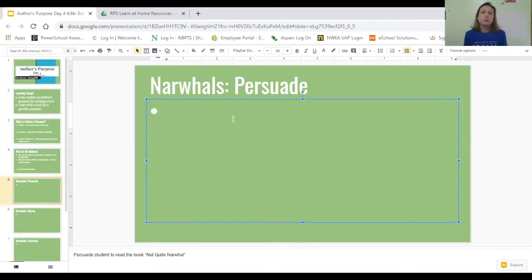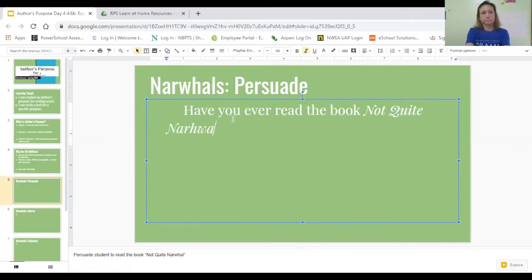So do you remember what persuade means? And a synonym for persuade is convince. We're trying to convince somebody to do something. So I am going to persuade you to do something. So, have you ever read the book Not Quite Narwhal?